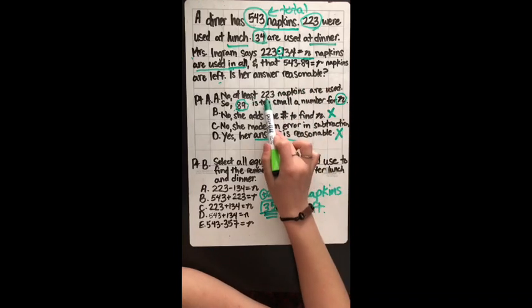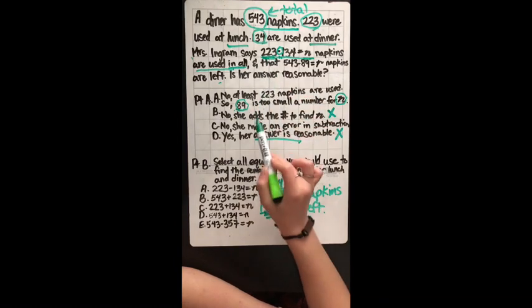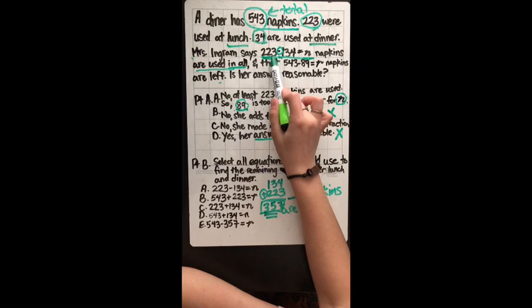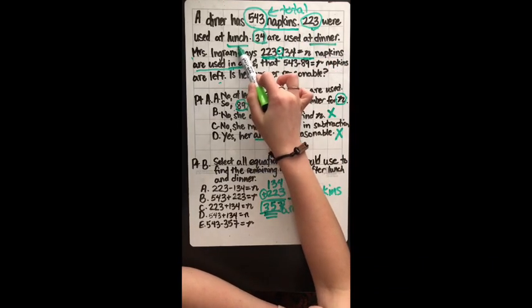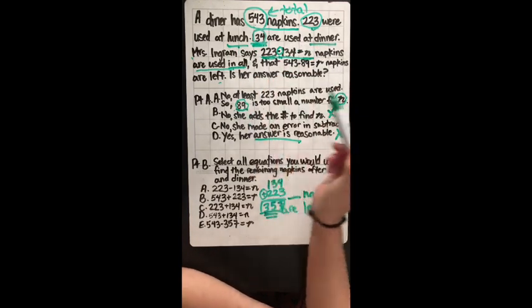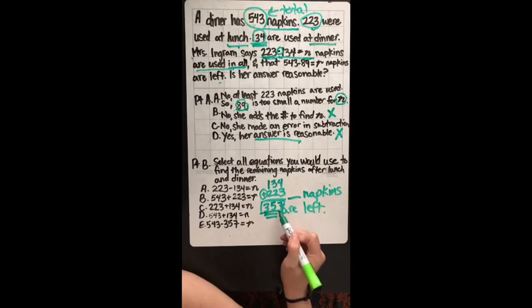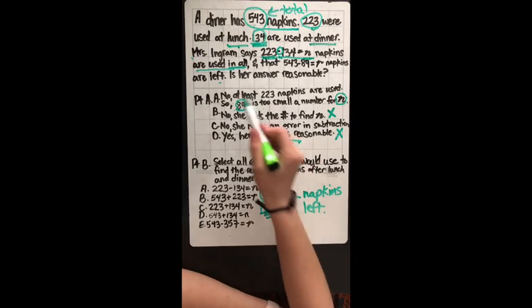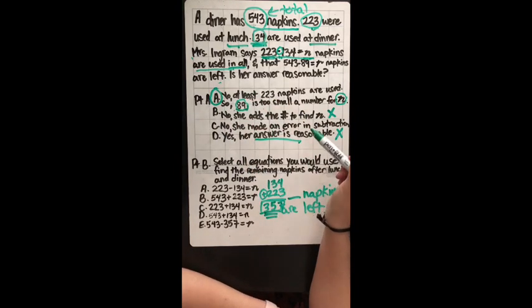When this says 223 napkins are used, that's bringing you back up to here. It's explaining how we know there's no way it could be 89, because if we use 223 at lunch, how could we have used less when we combined that 134 from dinner? So we know it has to be A, because 89 is way too small. When we solved it, we got 357. So I know A for part A is correct.